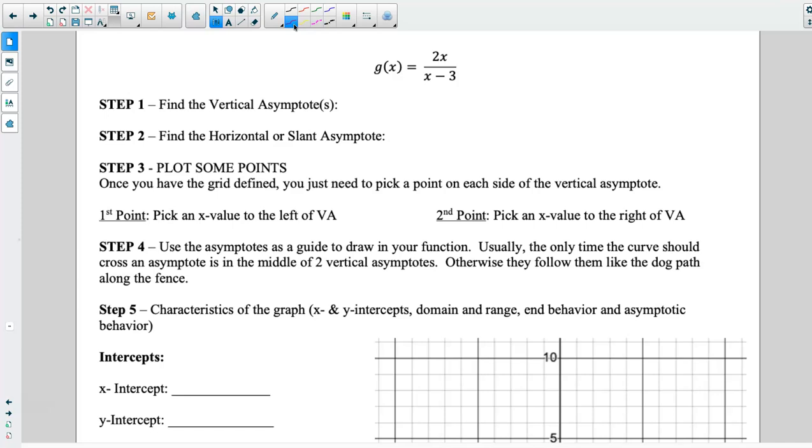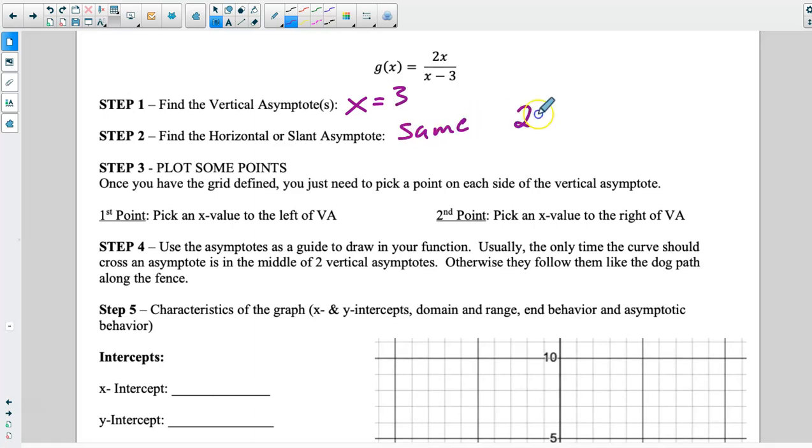Okay, next one here. Vertical asymptote. What is it? x equals 3. Good, thank you. Horizontal or slant. What degree is the top? 1. What degree is the bottom? 1. So we got 1 over 1, or same.